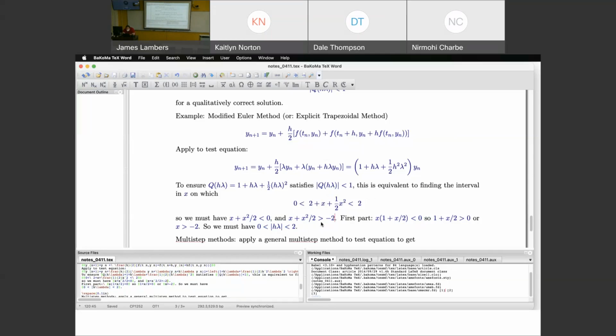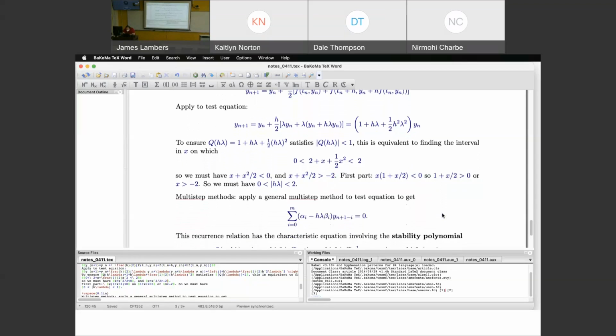So, questions about what happened here with this method? And Euler's method has a similar constraint on the time step. Now for a multi-step method, if you apply it to the test equation, you get a different recurrence relation from before because now we have this coming from the betas.